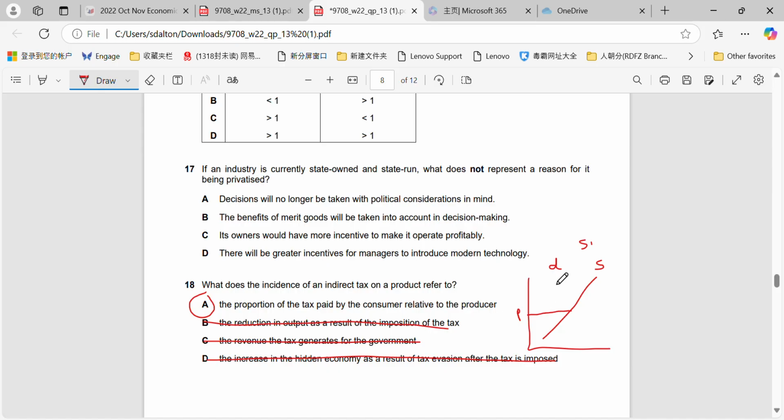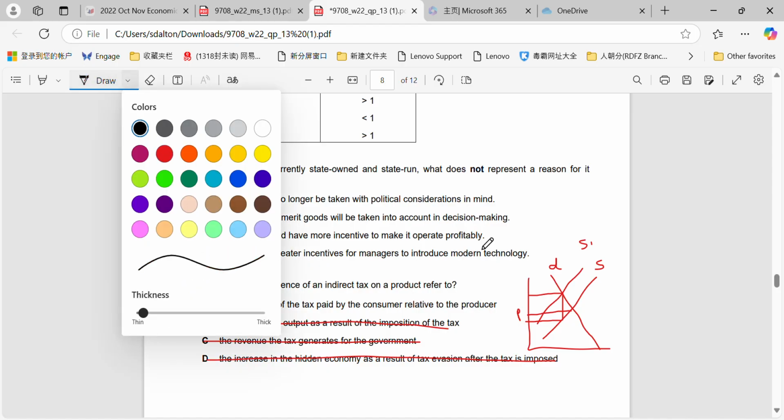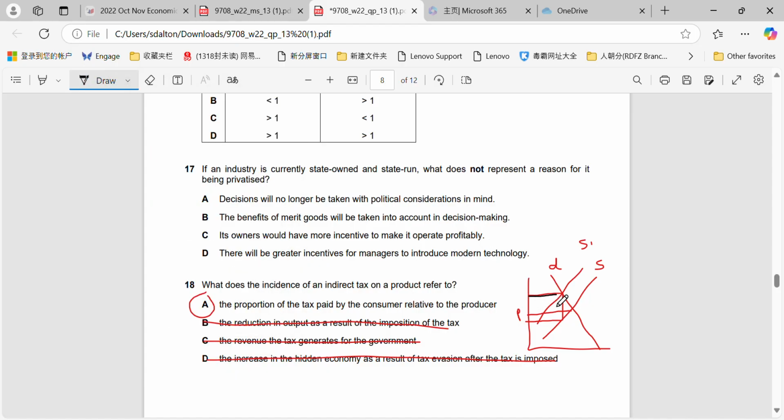It's very hard to draw on this laptop. Well, for the incidence of the tax, we take the price down until where it hits the original supply. And then that's the full incidence of the tax here. I'll just put that in a different color, a black color.